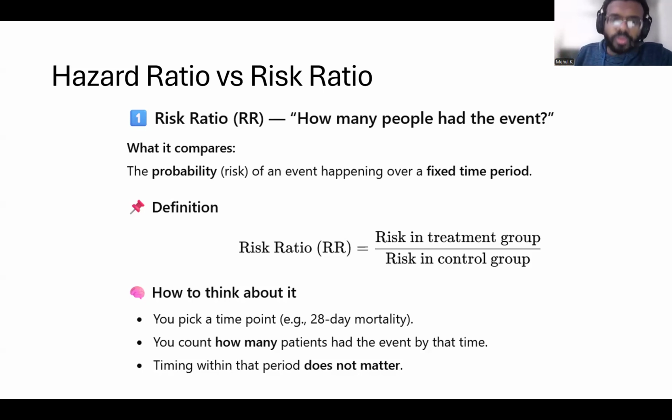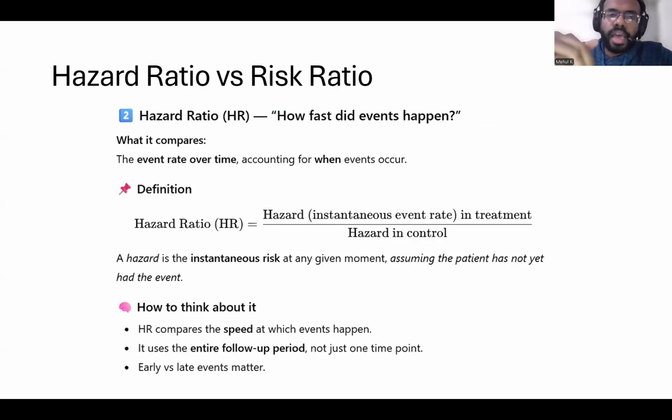Whereas when you are having a hazard ratio, it is actually looking at the time period as well. So things that happen early on in that 28 days are given more significance compared to something that happens later on. So there is a difference between early adverse effects and something that happens later on, because we like to assume that the really important side effects generally will happen a little bit faster than maybe 25 days down the line.